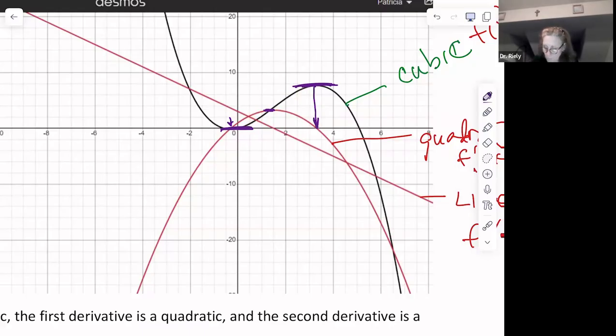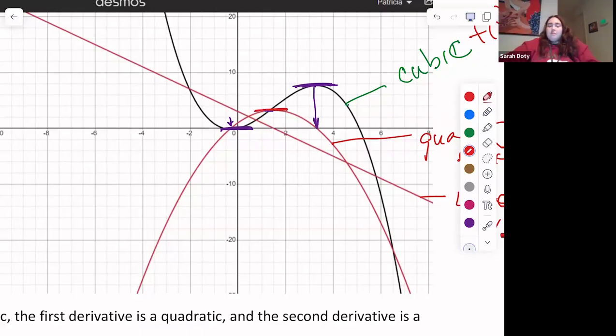Then you can go the same way and say, let me look at the first derivative, which is the red. Where that has a flat top where it reaches its max, the slope is 0, therefore the derivative, which is the line, is going to have a root right there, and that root is directly below.